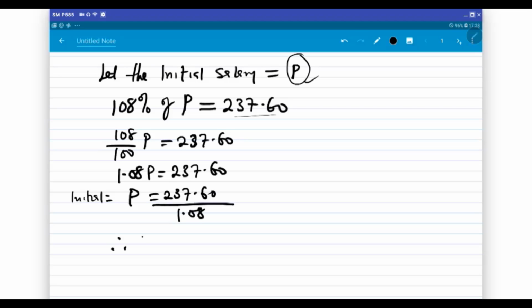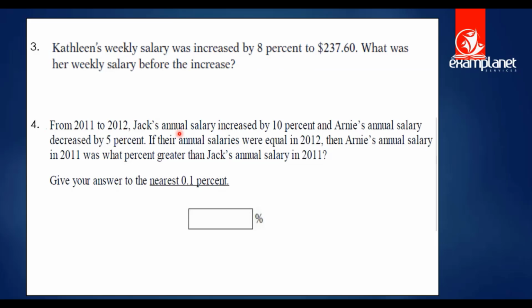And when you divide this, what does it give you? It gives you $220. Alright, $220. That is the initial salary of Kathleen before that increase, $220. Alright, now to the next question.